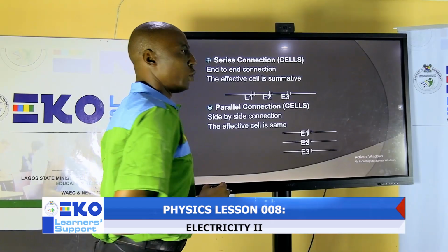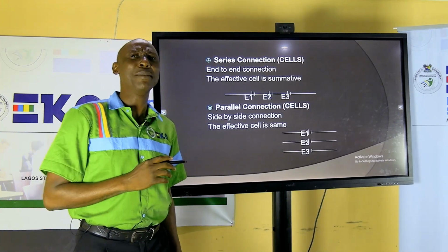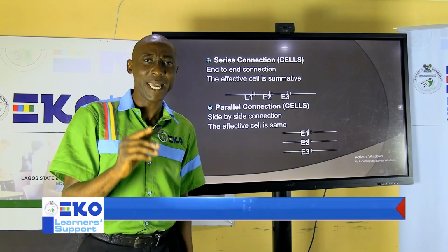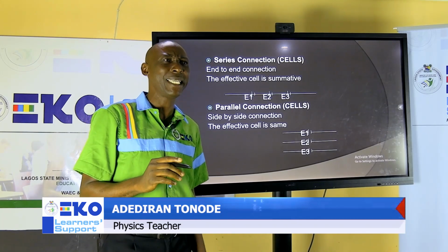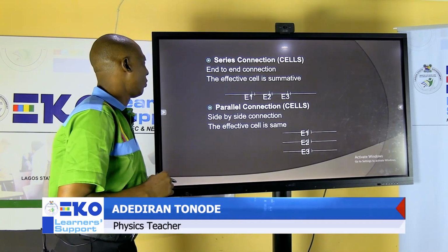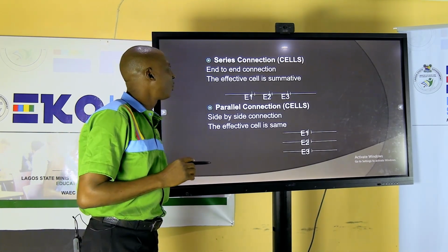Now we are moving on to cell. Cell also has an arrangement which could either be series or parallel. But we need to know that a cell is an electrical device in which chemical energy is converted to electrical energy. Now coming to the arrangement, series connection.